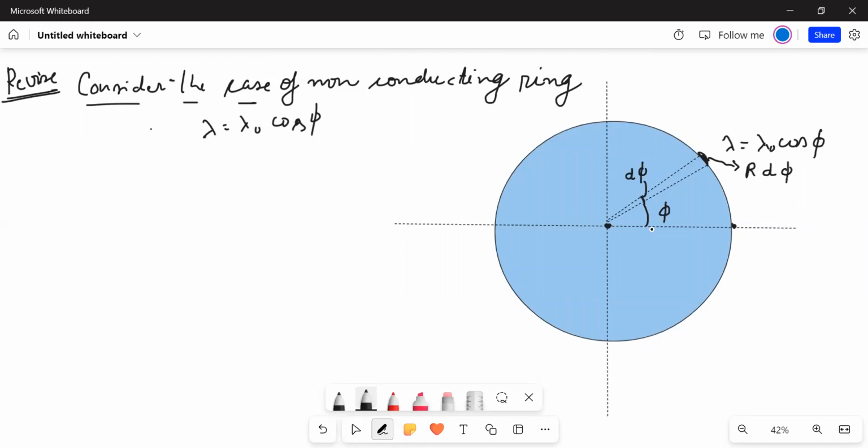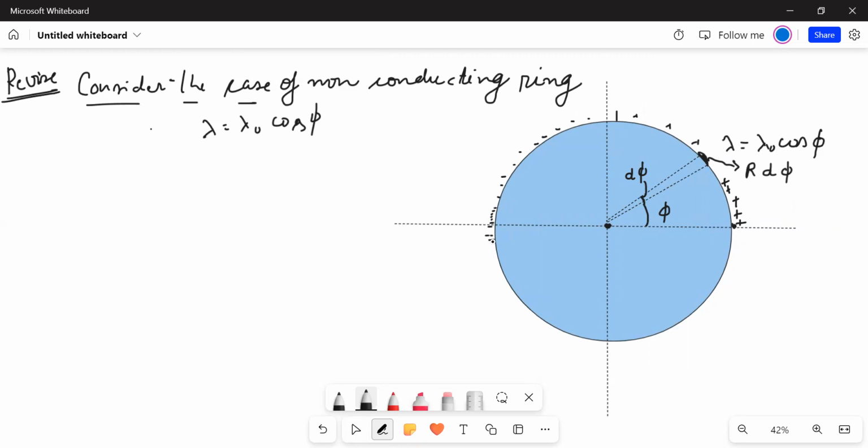In the first quadrant, I know that cos phi is positive. So you will have positive charge density, especially near 0 degrees. You will have greater charge density there, and as I go along, the charge density would decrease. In the second quadrant, the charge density would be negative, and especially here it will be more dense.